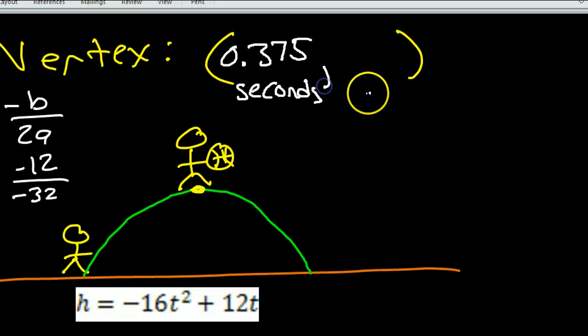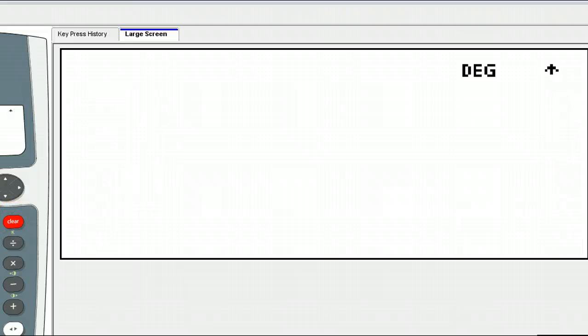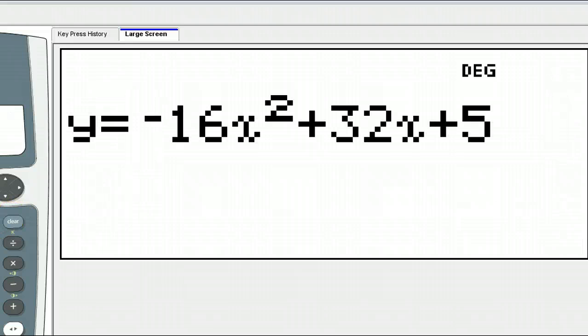Okay, but what we need is the height that goes with that time. I can either take this and plug it in for t, or I can use my multi-view, and that's what I choose to do. So let me just start over.